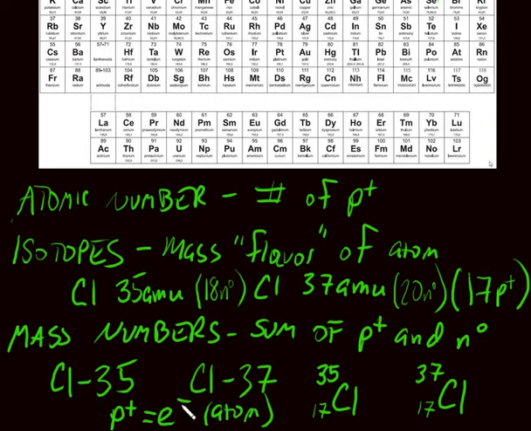So the number of protons must equal the number of electrons in order to make it electrically neutral. And each element has a chance to have mass flavors for that particular element. And this is where the neutrons come in, stabilizing the existence of that atom. And we can differentiate each of those isotopes by their mass number. And we can illustrate that with a dash and the mass number or with the superscript before the symbol.